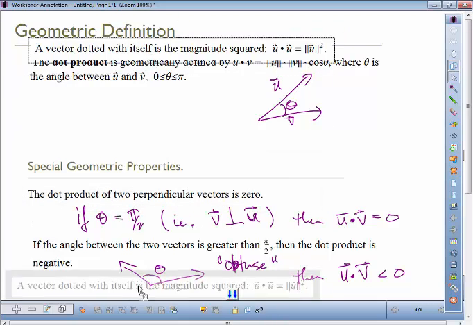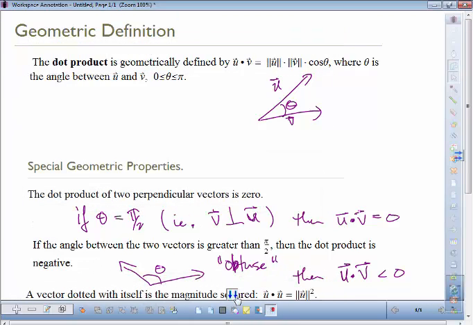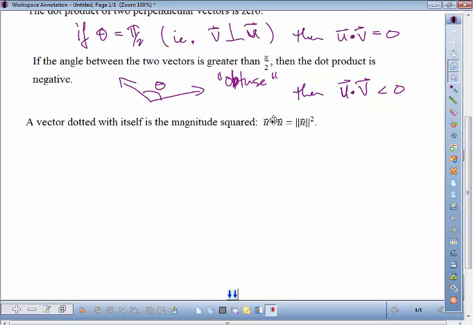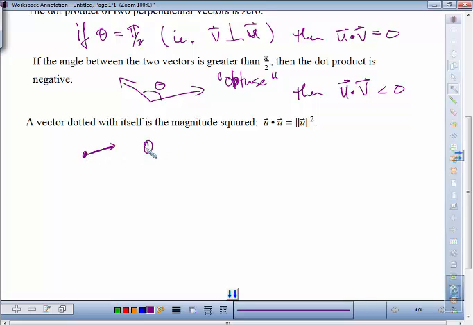So if the vector is dotted with itself, we think about it as having an angle of 0. And cosine of 0 is 1. So u dot u is equal to the magnitude of u times the magnitude of u times 1.